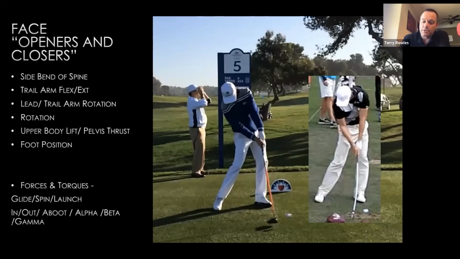And then foot position has a big effect. So I've mentioned the forces and torques there. Basically the ground forces are going to change to accommodate that elbow delivery. Scott Lynn mentioned to me, if you're going to talk about the thing that has the biggest effect on the ground forces, then it has to be the thing that's closest to the ground, which is the lower body, and vice versa.